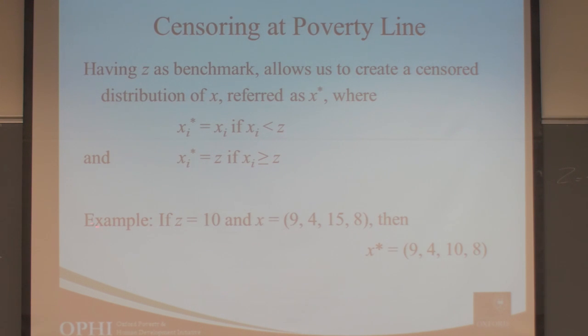For example, if you have a poverty line of Z equal to 10, and you have this distribution of X, then X star becomes 9, 4, 8. You retain these values, but 15, which is above the poverty line, you substitute by 10. This is called the censoring part.